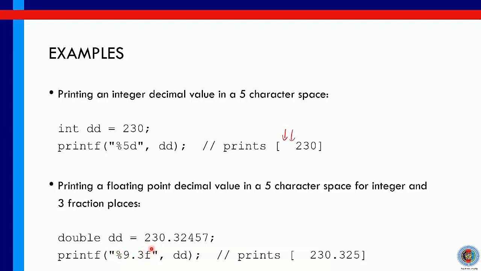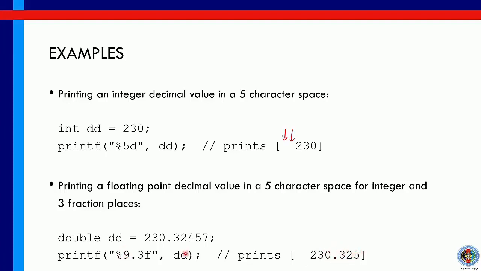F is because we want to print double here, because dd is a double. Then what's the meaning of 9? 9 means we want to print the value in a minimum space of 9 spaces. So if you count the space over here, 1, 2, 3, 4, 5, 6, 7, 8, 9.